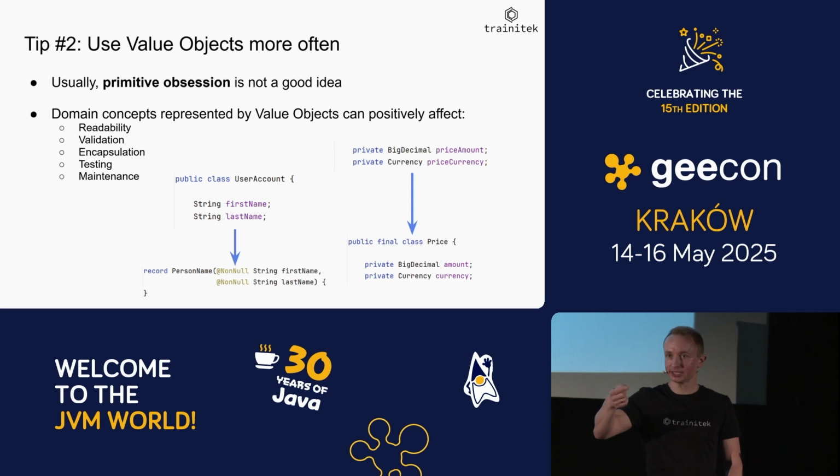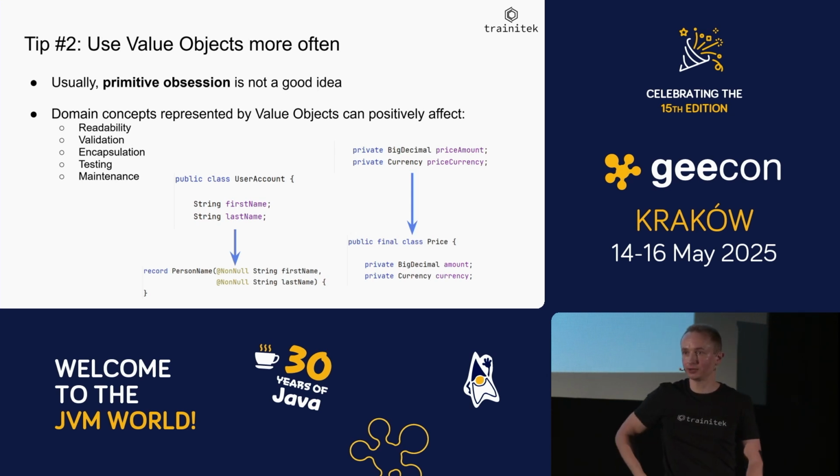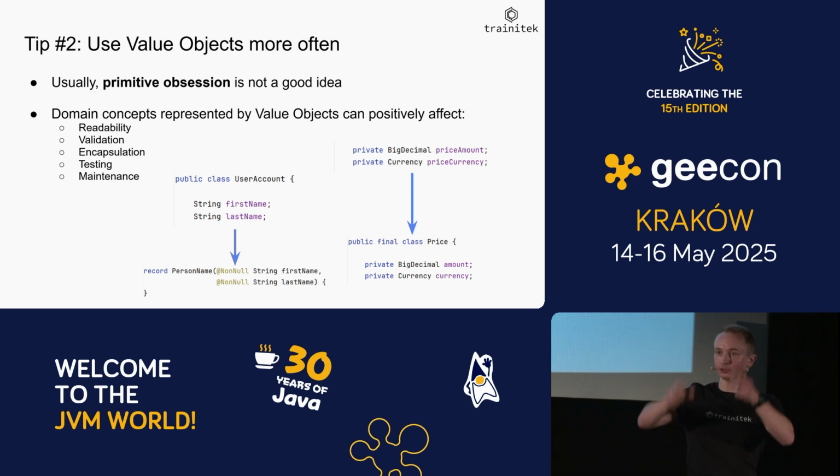But if you don't have value objects and all the properties are inside the entity, then you will have more permutations, more tests inside your entity. So your test for the entity will be much bigger. And the last one is maintenance. It's easier to refactor and move classes around, rather than move all of those properties together.